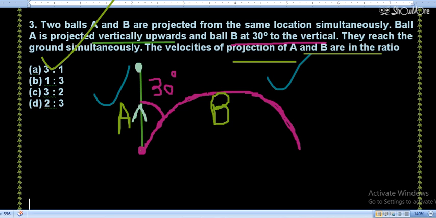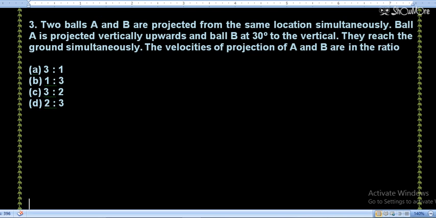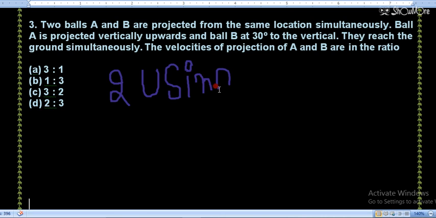The time of flight will be the same, because if the time of flight is the same, then both bodies will reach the ground together. The time of flight we know is equal to 2u sin theta divided by g. So this is the time of flight relation.